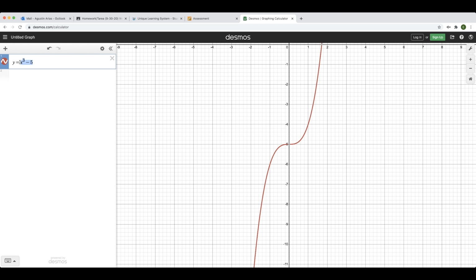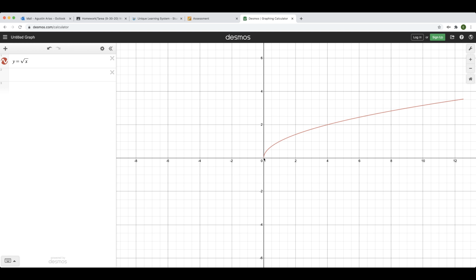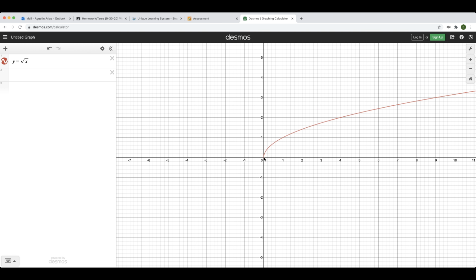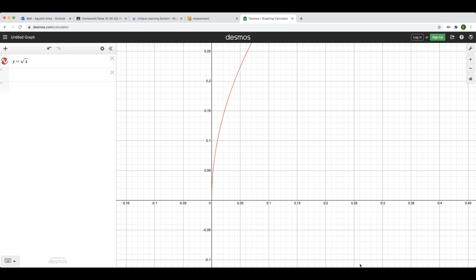Now when you have those square root ones, just hit home to go back to the original. Here we see it starts here and it goes up like this. Let's start with the domain. From left to right, we're starting at 0, 0. On these, you're including the 0 because 0 is possible. You can plug in 0 and you get an answer. So bracket on the 0, going to positive infinity.